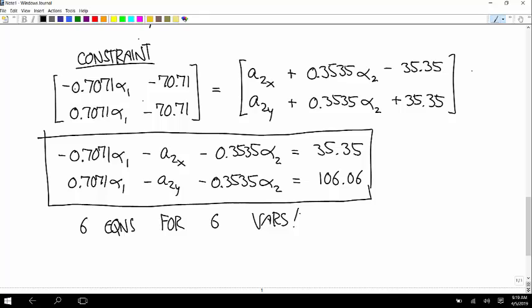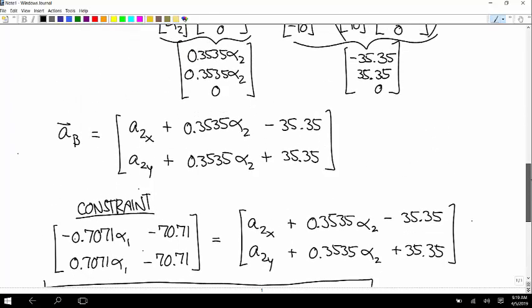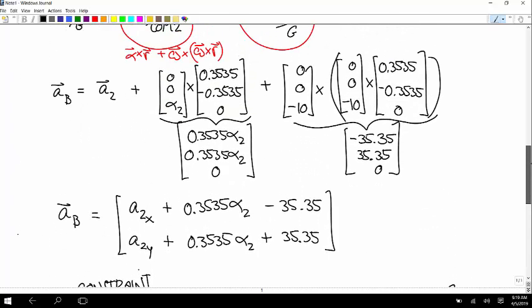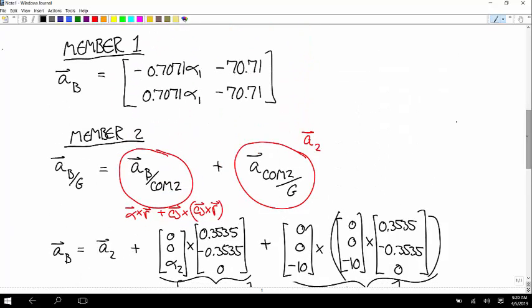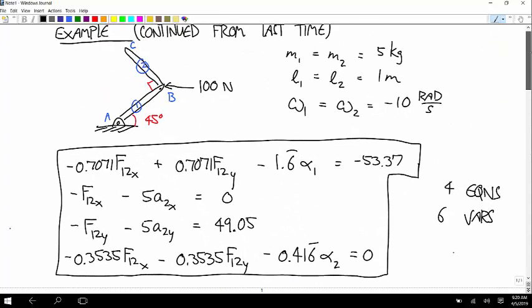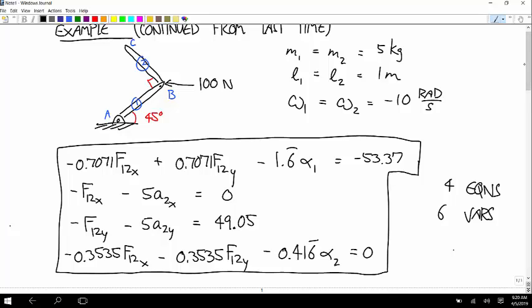Okay, so what I did is, we're saying that there's a point on member 1 that's at B, and there's a point on member 2 that's at B. And if they're connected by a pin joint, then the accelerations of those 2 points have to be the same.